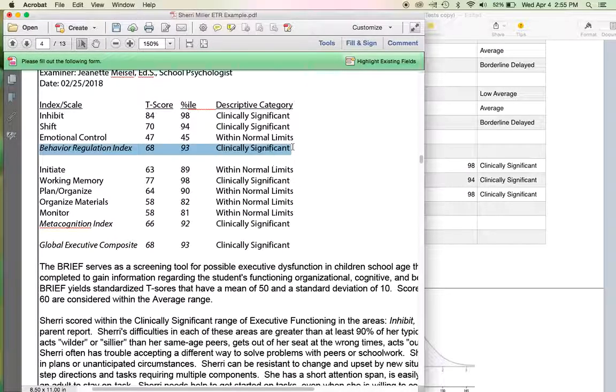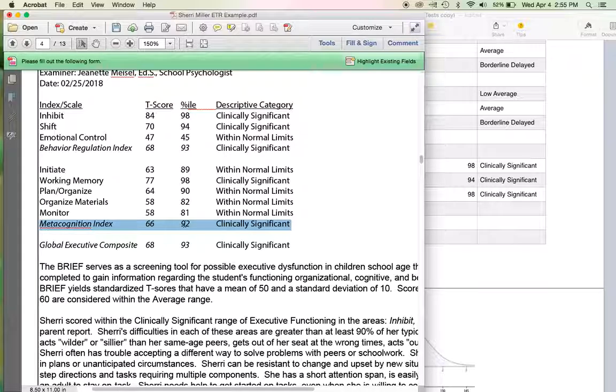So these index scores, again, I just consider, but I really am not worried about writing them down. They don't tell me a lot. They're more of an average or an aggregate score. The subtest scores denoted here give me a lot more specific information about the child's skills. So I'm going to consider, but otherwise disregard these index scores.